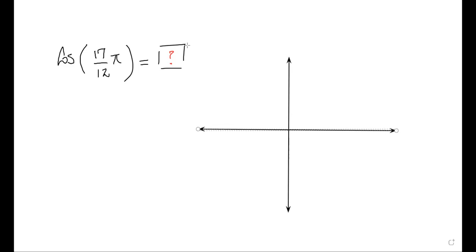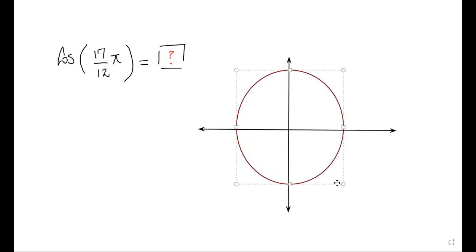Now, what to do then, I'm going to construct a unit circle. Whatever you do with trigonometry, you have to always start with the unit circle because it helps you simplify the problem in a very easy way. And let's see how I'm going to use this in order to analyze this problem.